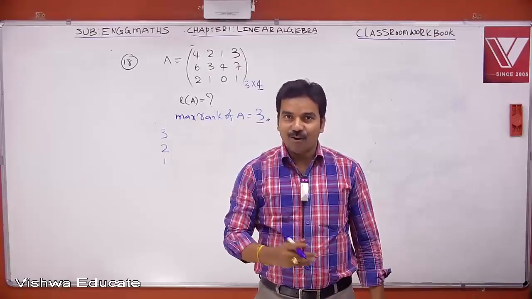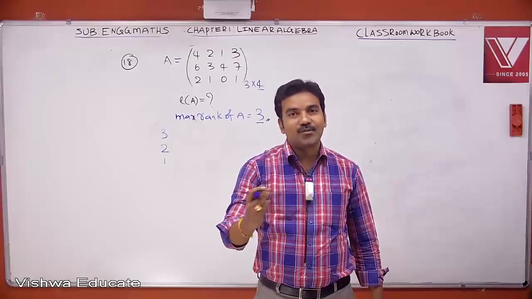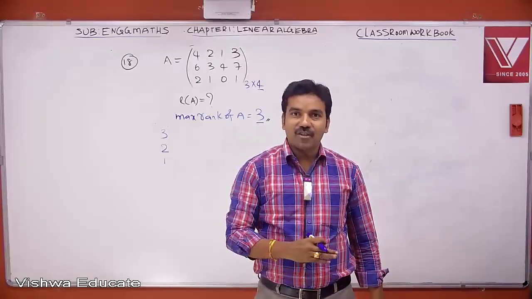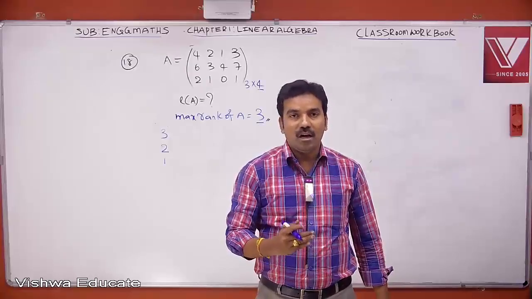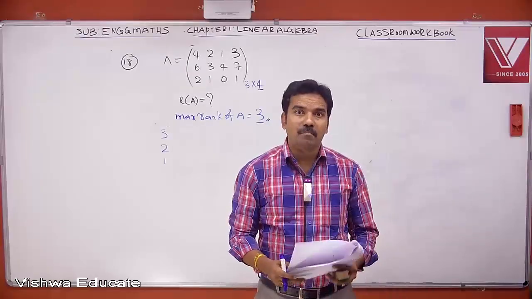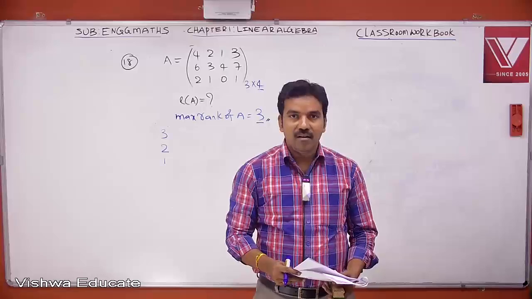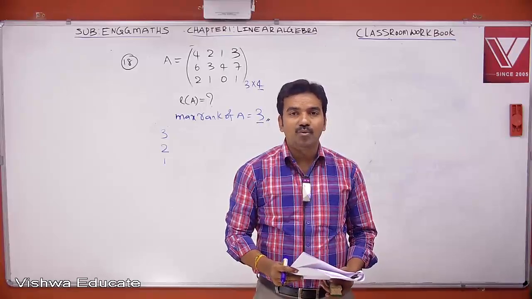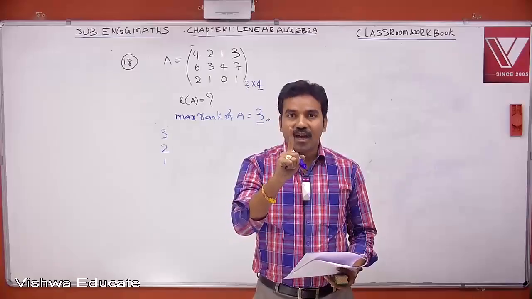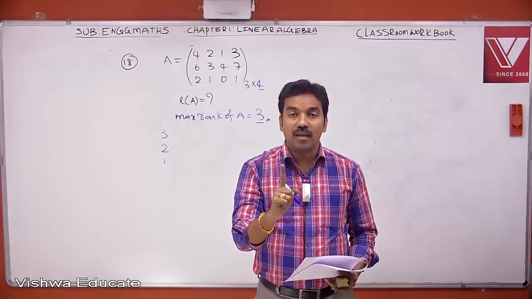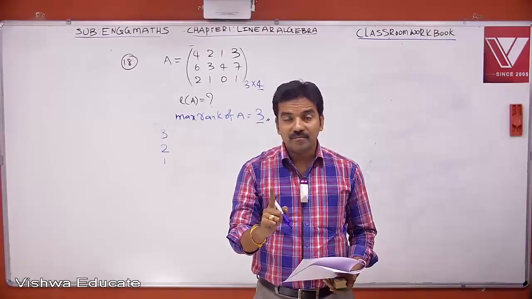Next eliminate the second column, next the third, next the fourth. I will get 4 submatrices of size 3 by 3, A1, A2, A3, A4. Out of these 4, if at least one has det value not equal to 0, then my rank is 3. Got it?